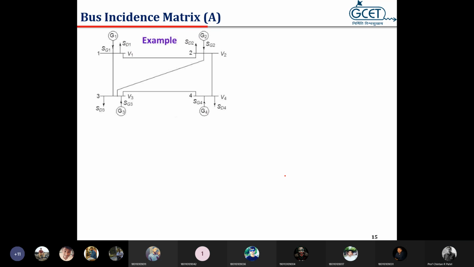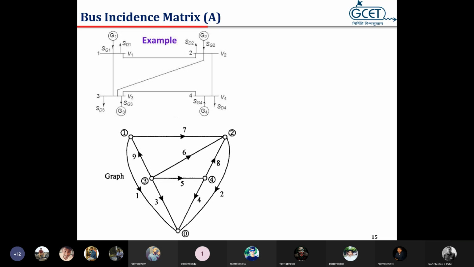So this is the second example. Here also a total of 4 buses are given. All the 4 buses consist of generators. So this is the oriented graph. You can see bus numbers 1, 2, 3 and 4. They are connected to 0, that is the ground node.